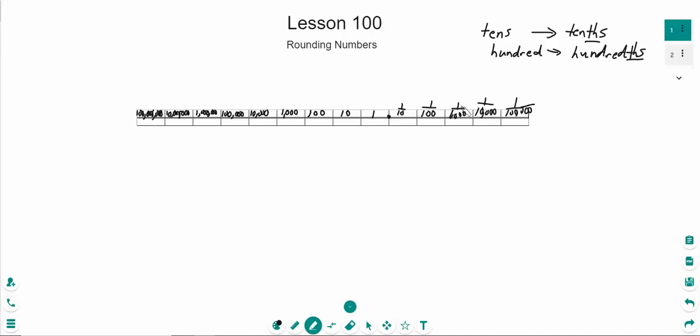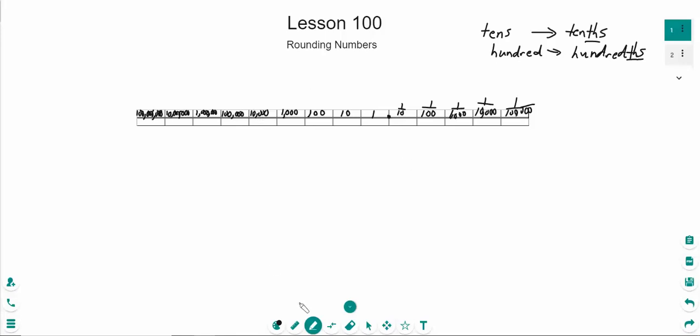We would continue that pattern of 1, 10, 100. So 1 million, 10 million, 100 million, 1 billion, 10 billion, 100 billion. And all of those would have a THS on the end. So it would be 1 millionths, 10 millionths, 100 millionths, billionths. Okay? So this is just a very, very simple refresher on how the houses work and their positions.